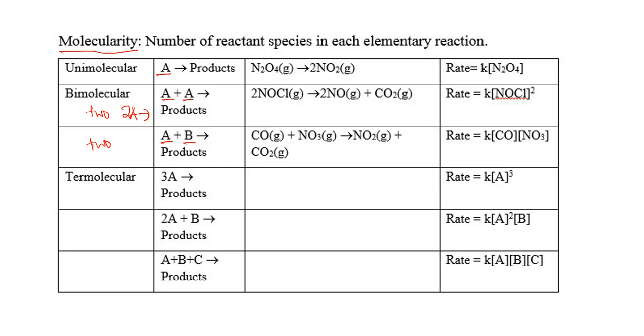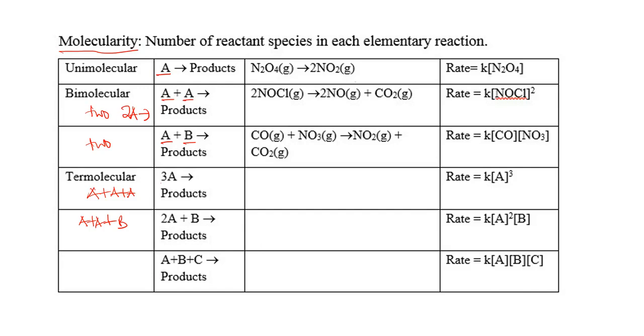Termolecular, we have three types. Where we have 3A, that is A plus A plus A. And then we have 2A plus B, that is A plus A plus B. And then we have A plus B plus C. Since we have three species, we call them termolecular.